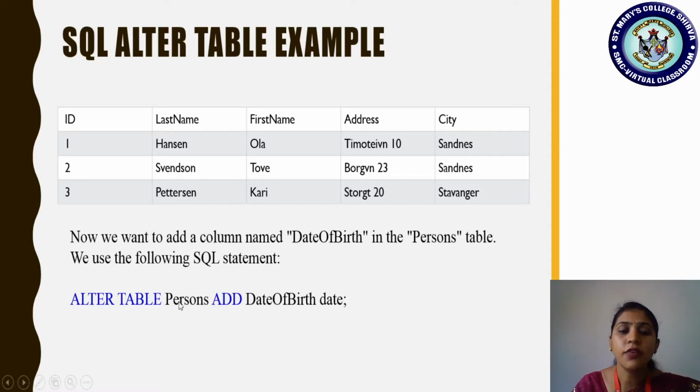Alter table followed by the table name, then the add keyword, then the attribute name we have selected, date of birth, and the data type that attribute belongs to has to be mentioned following that.